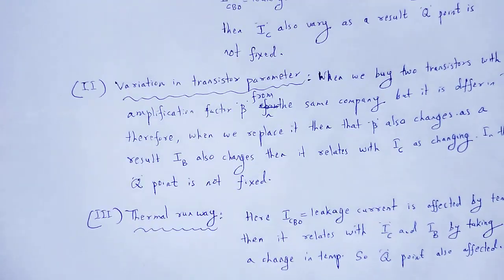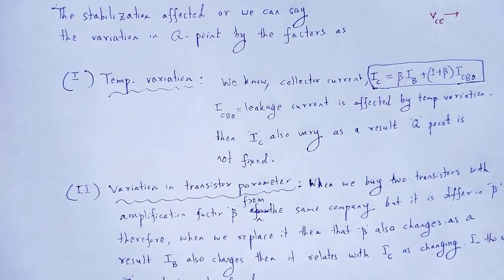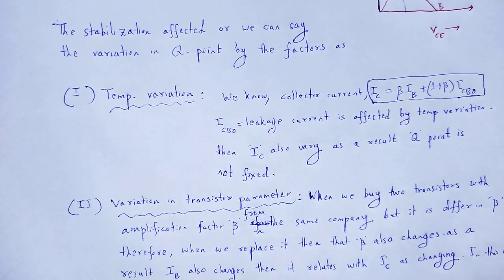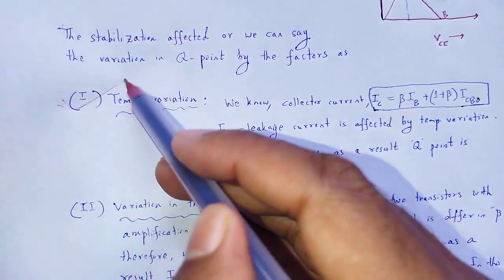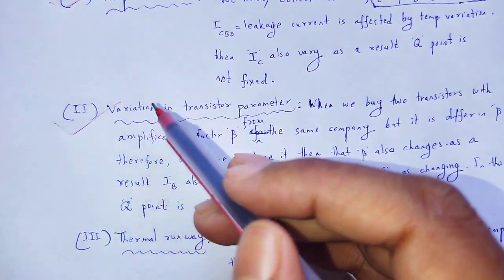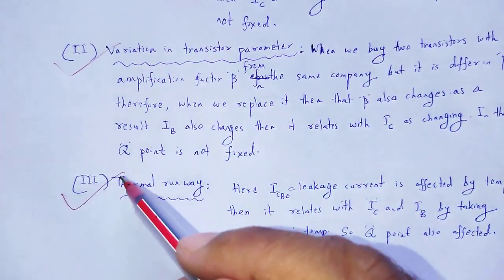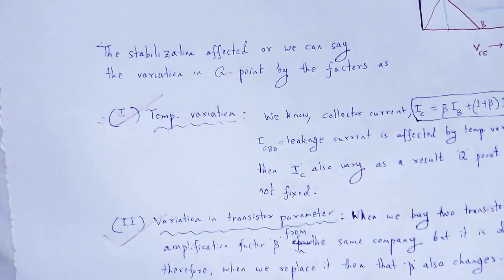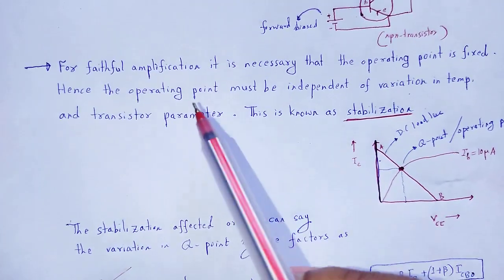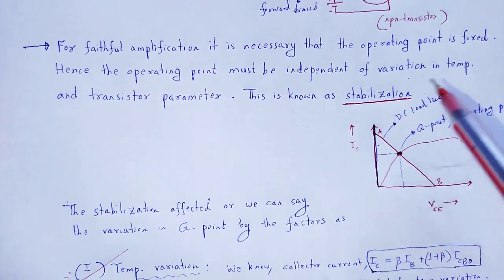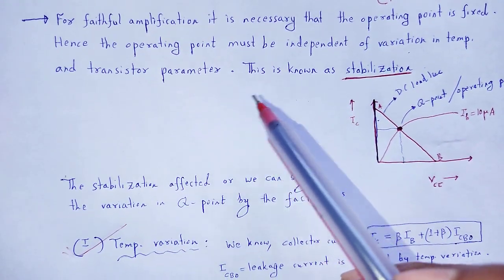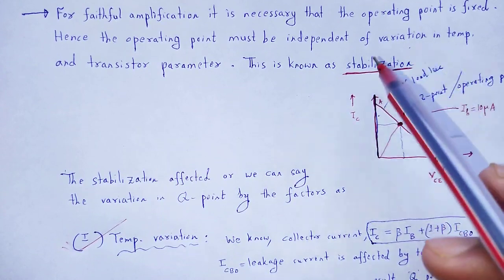These three are the important aspects on which the Q point fluctuates. One is temperature variation, another is variation in transistor parameter, and the last is thermal runaway. For that reason, we write that the operating point must be independent of variation in temperature and transistor parameter. Then we say that it is stabilized.